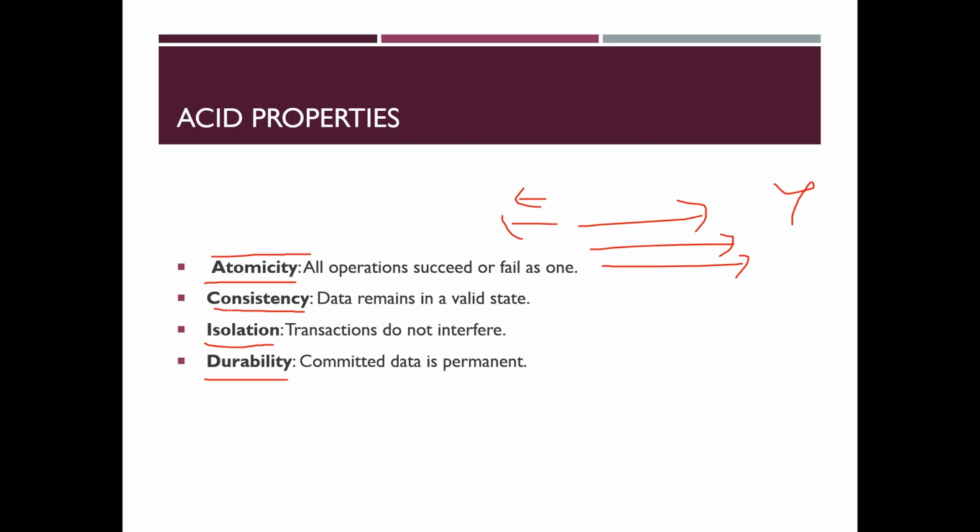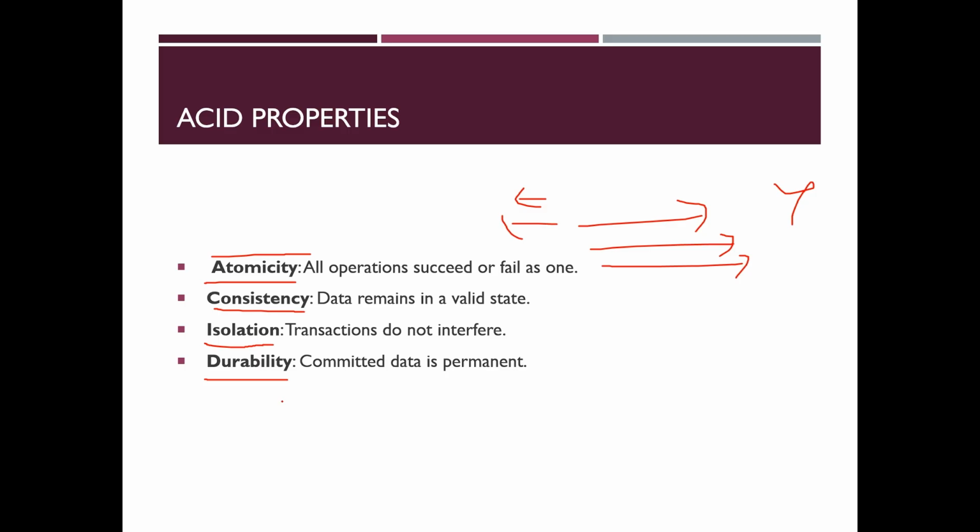Next is consistency. The database always moves from one valid state to another. No corrupted or partial updates. Third is isolation. Transactions work independently even if they run simultaneously.